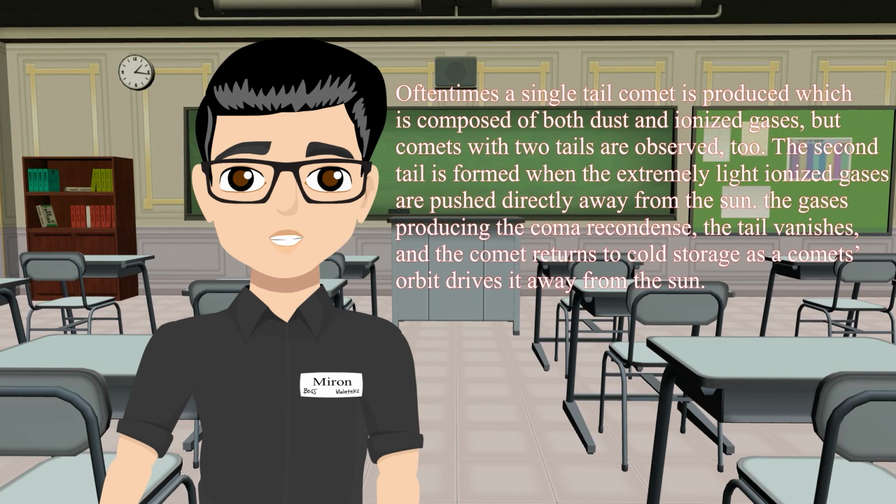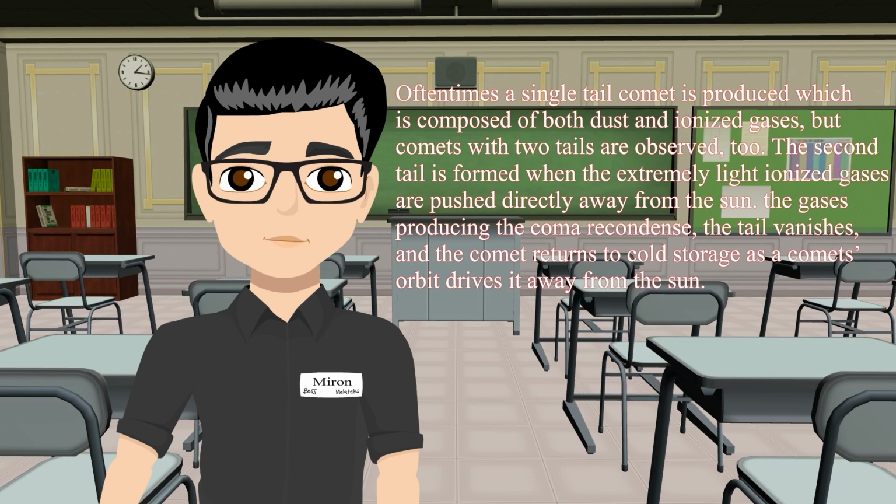Oftentimes, a single-tailed comet is produced, which is composed of both dust and ionized gases. But comets with two tails are observed too. A second tail is formed when extremely light ionized gases are pushed directly away from the sun.